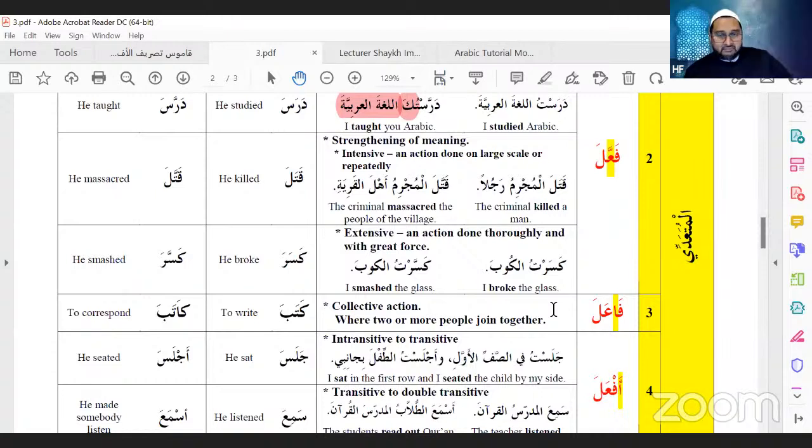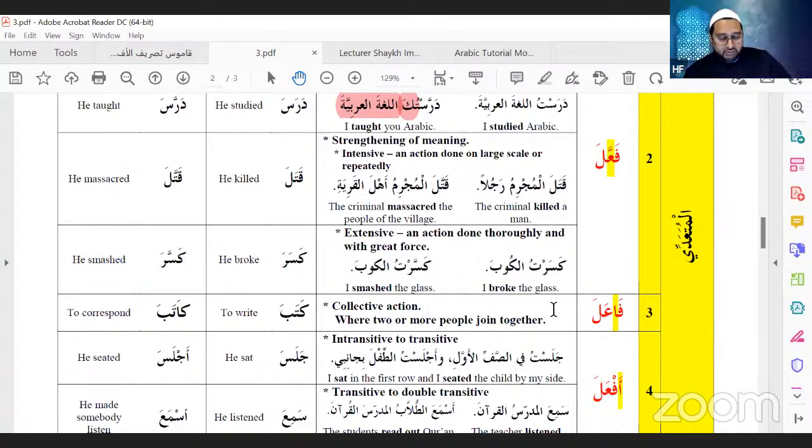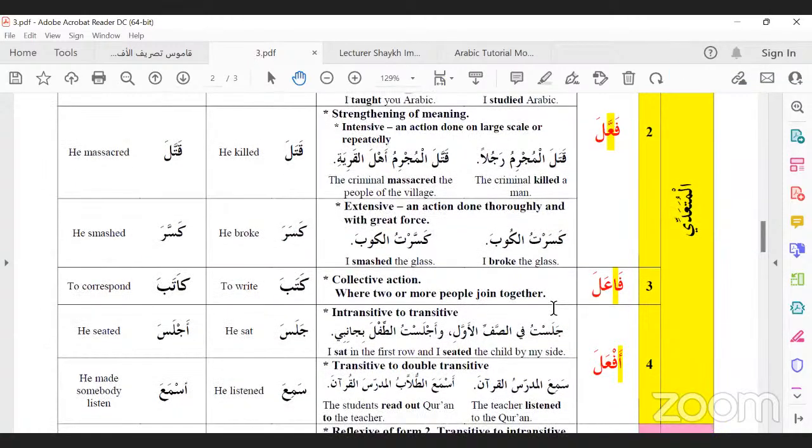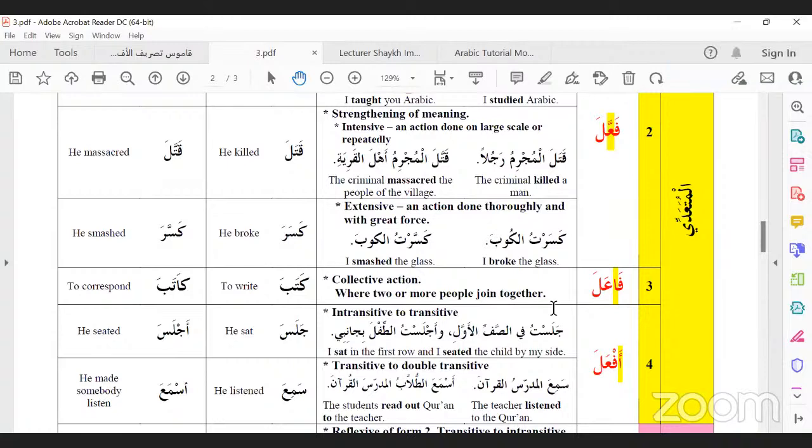So one is broken, one is smashing it. So it's with force, an extensive action. Kasara, he broke; kasara, he smashed. Is that clear? Yes, clear.